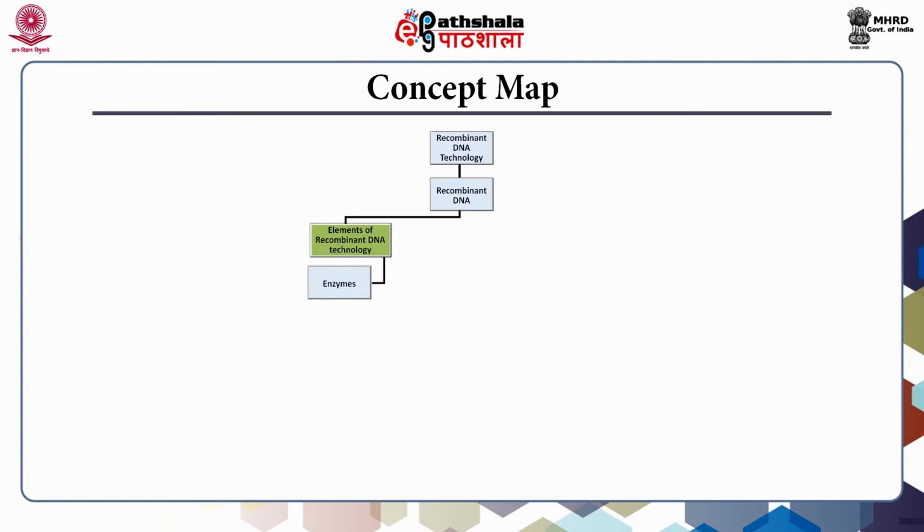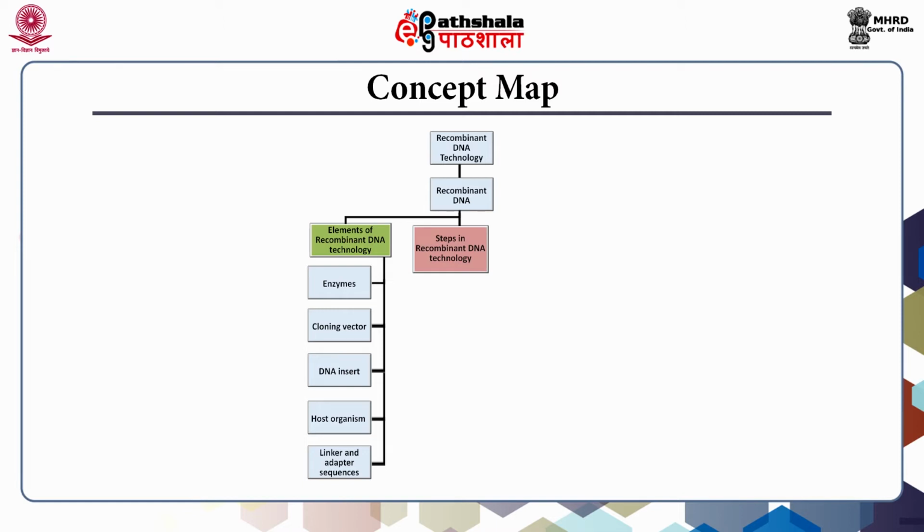These could be enzymes, vectors, DNA inserts, hosts, and many other requirements. In the second section, we will focus on understanding the major steps involved in recombinant DNA technology. In the third or last section, we will discuss the bacterial or prokaryotic gene expression system and its advantages.